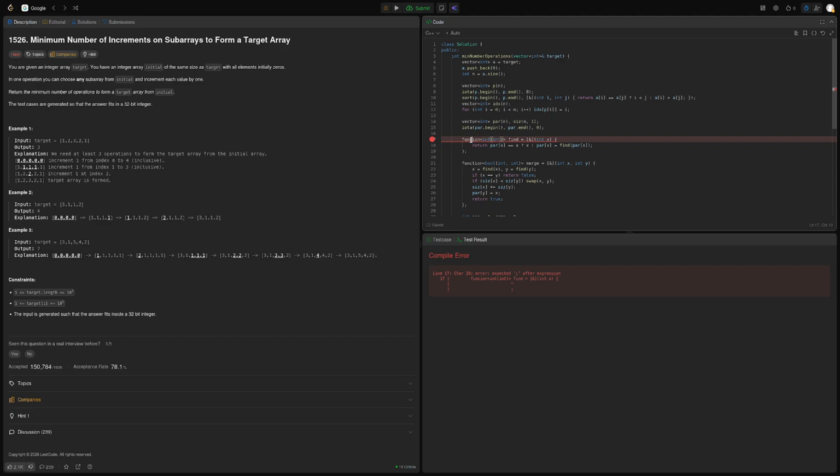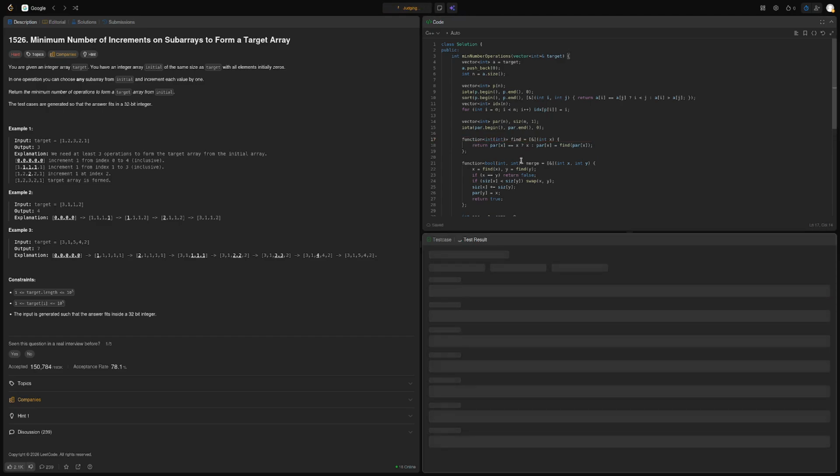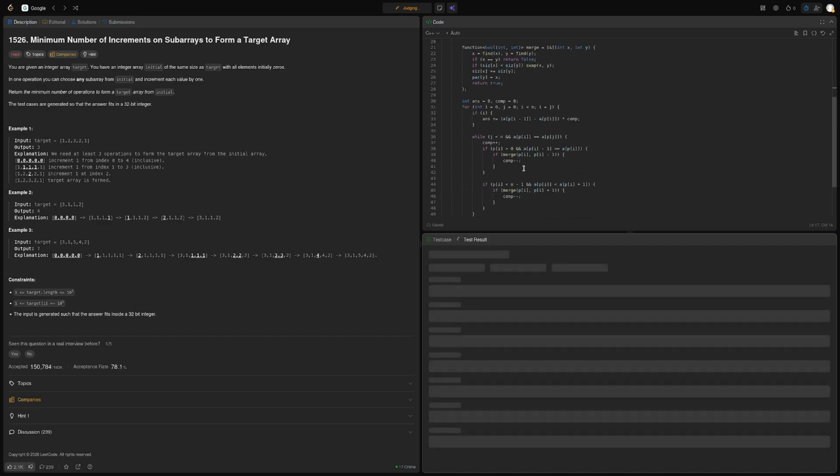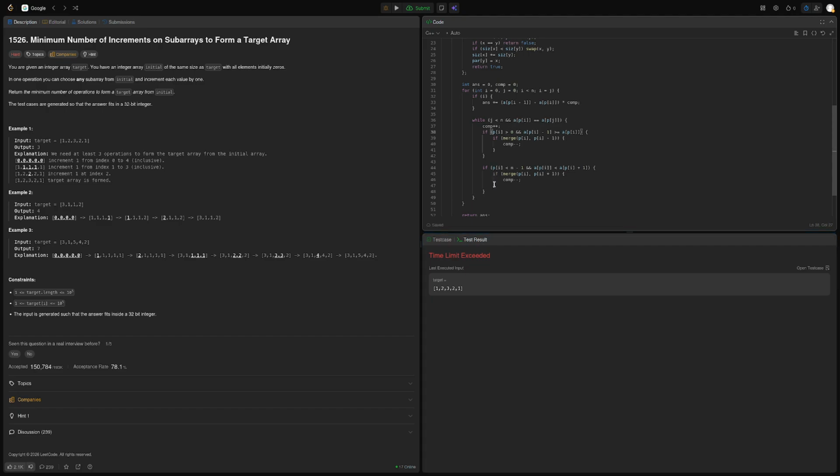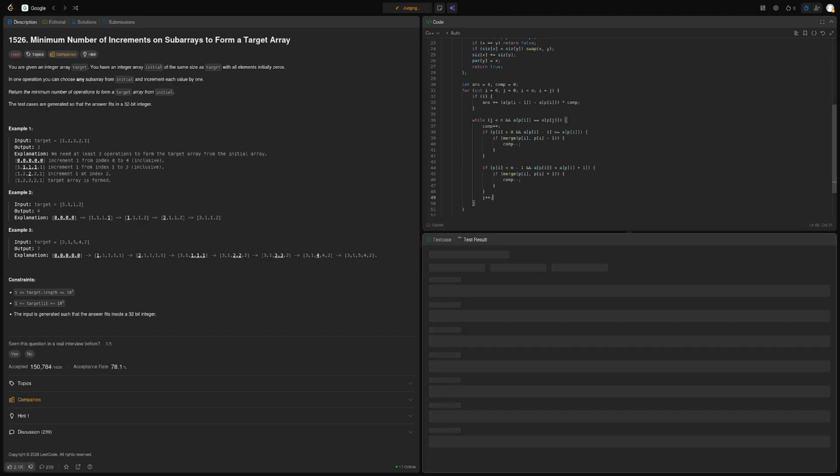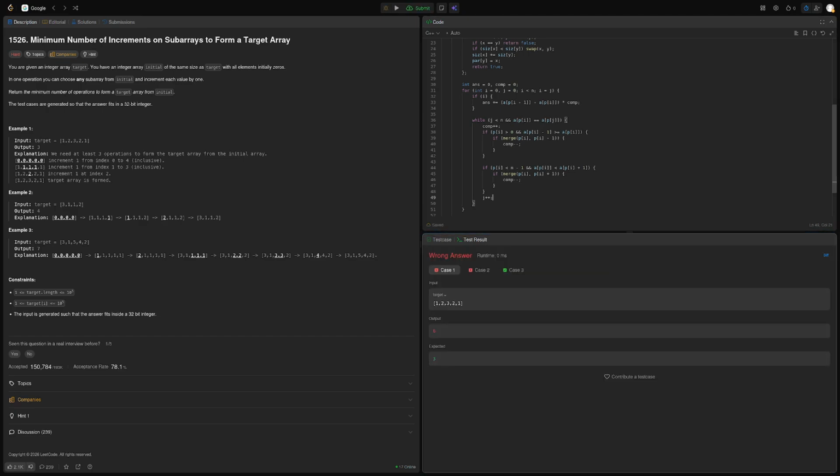That's weird. Function. Let's see. Somehow we are stuck. Yeah, j is not increasing. Interesting.